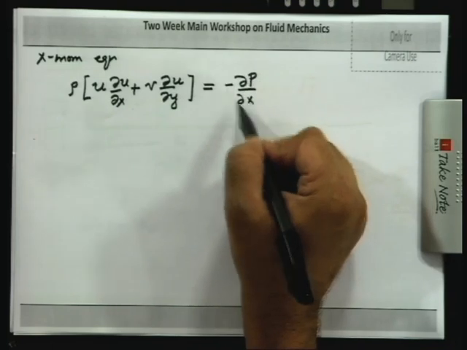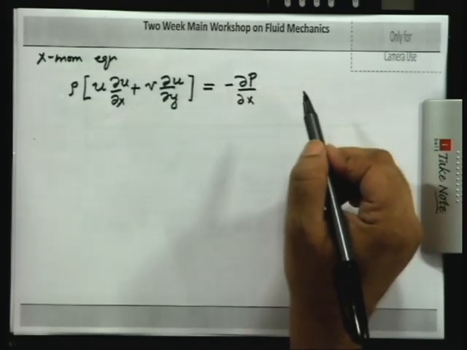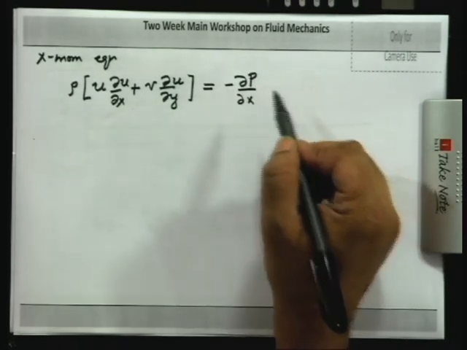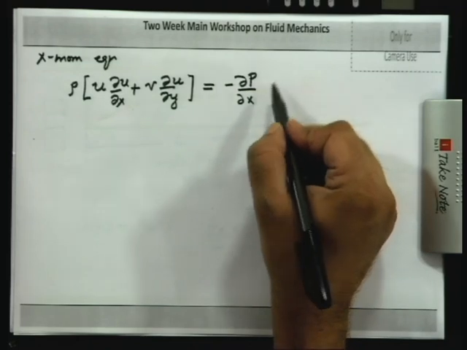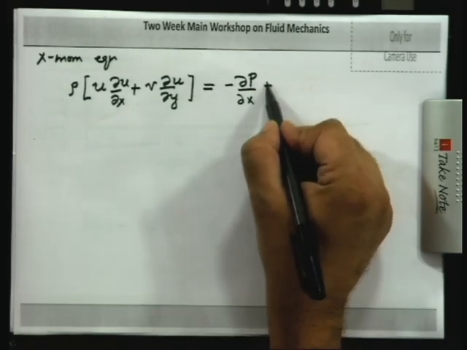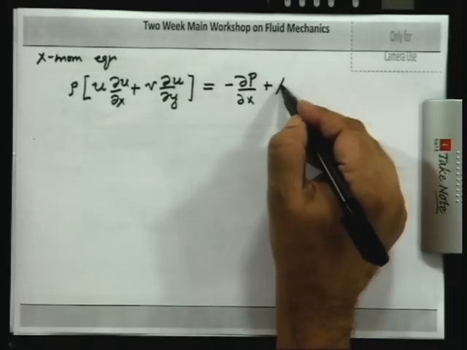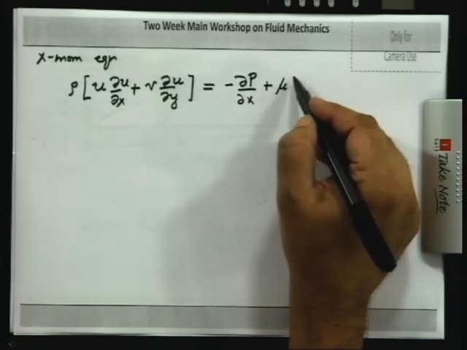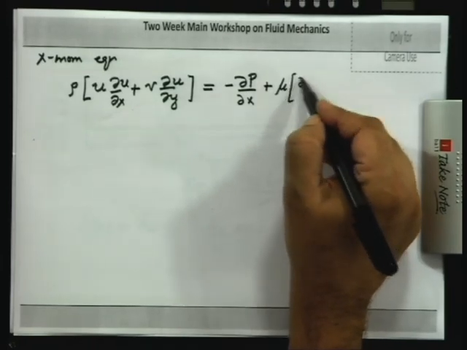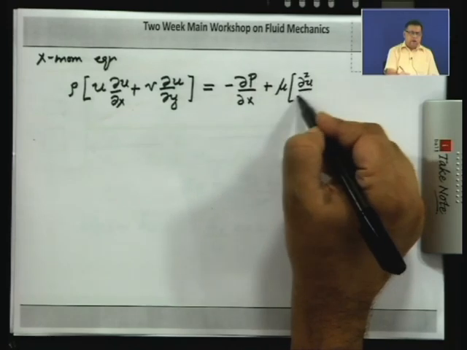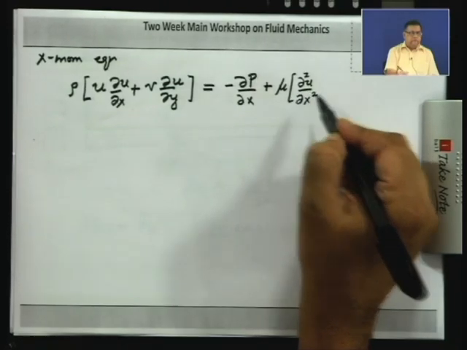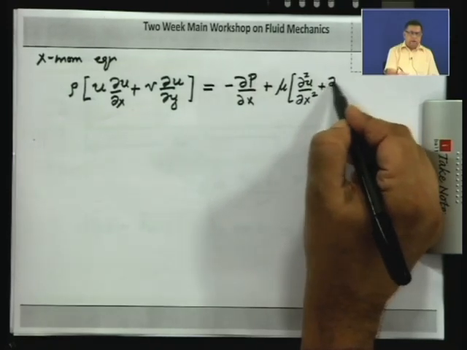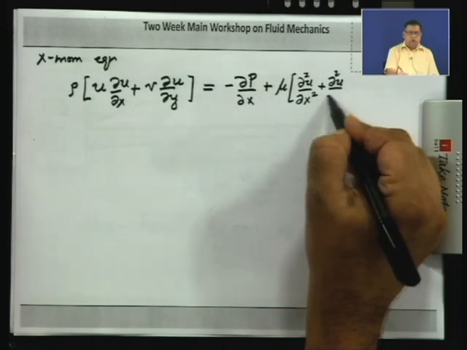So, this is the combined effect of the gravitational force and the net pressure force on the fluid particle per unit volume, plus the viscous force per unit volume, which is mu times del squared u del x squared plus del squared u del y squared.